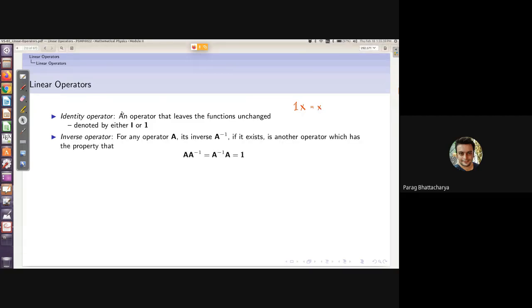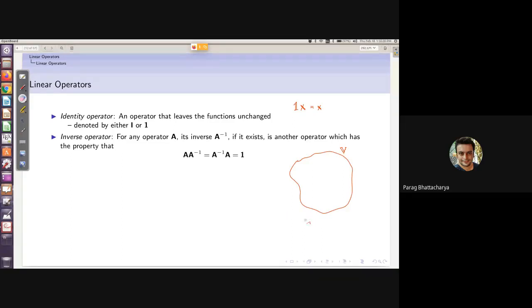Then there's something called an inverse operator. Suppose I have a vector space V, and let's say on this vector space an operator A is defined.